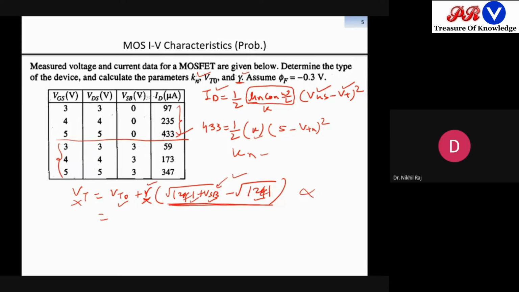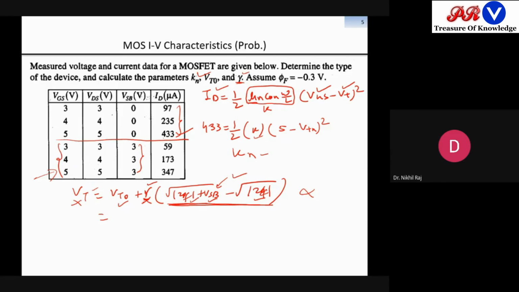So what do we have to do? We have to again go for the set of data and check what we can do here. So again, there is one equation and two variables. This means we have to go for two equations and we have to calculate at least one of the variables, either Vt or gamma. So we know whenever there is a VSB effect, there is a threshold voltage modulation.